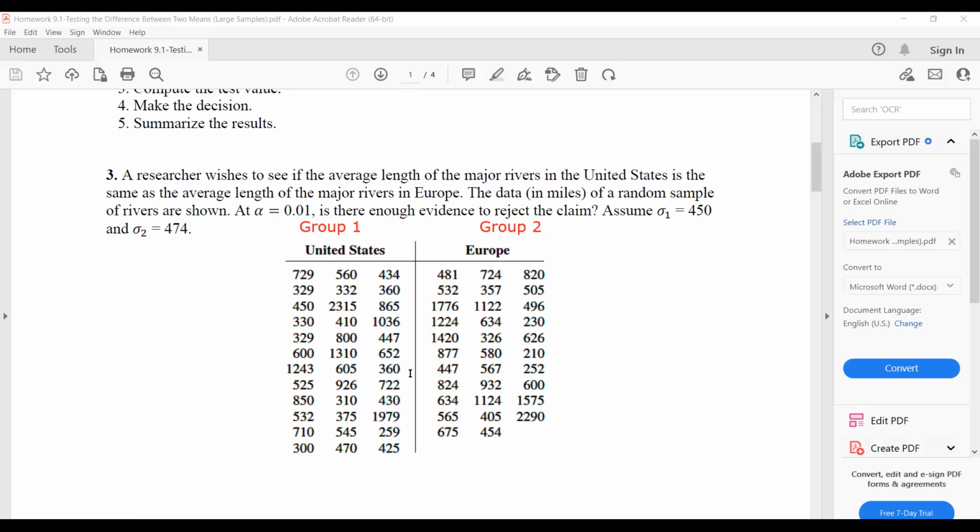Oh, I have to put that in a calculator? Yeah, you have to put group 1 in the calculator and group 2 in the calculator.